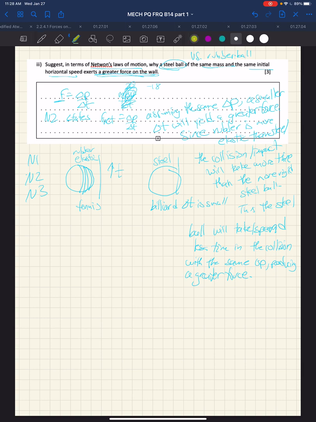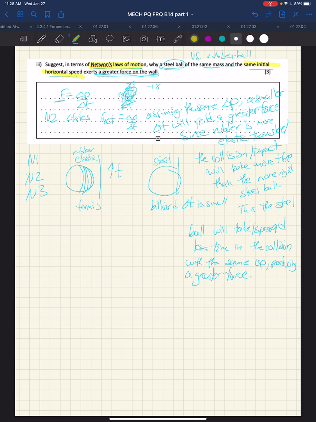So we have used Newton's laws. Same initial horizontal speed. There's just one thing we're kind of fudging here, which is that the final velocity will also be the same. But in any case, we've explained how that would happen.